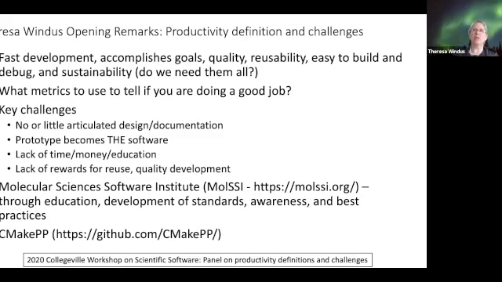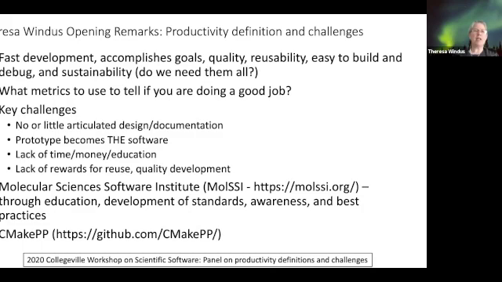And it all depends on the project you're on too. Not every project's going to have the same kind of goals for productivity as other ones. So I think we have to be careful as we're thinking about this to define it within the context of the kind of software that we want to build and what our goals are for that software.